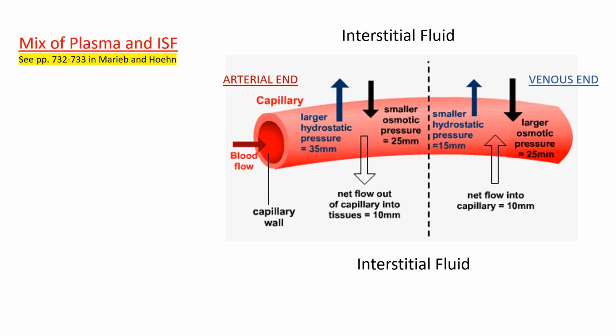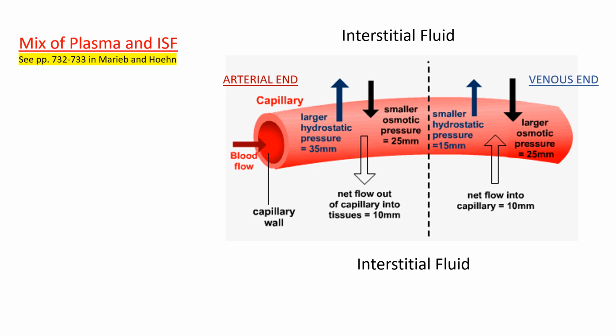As mentioned previously, the capillaries actively exchange fluid with a compartment in the body that is known as interstitial fluid. Extracellular fluid includes interstitial fluid as well as blood plasma, and interstitial fluid is actually a greater percentage of extracellular fluid. So as blood flows through capillaries, coming in from an arteriole into a capillary, we get a net exit of fluid out of the capillaries.